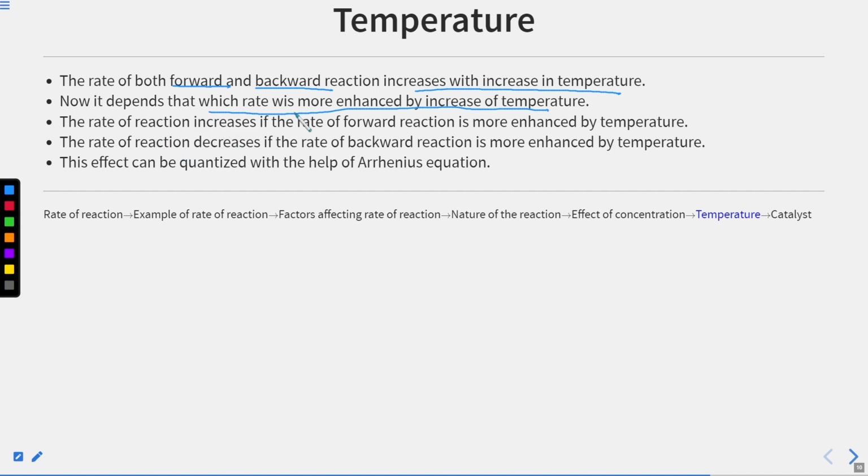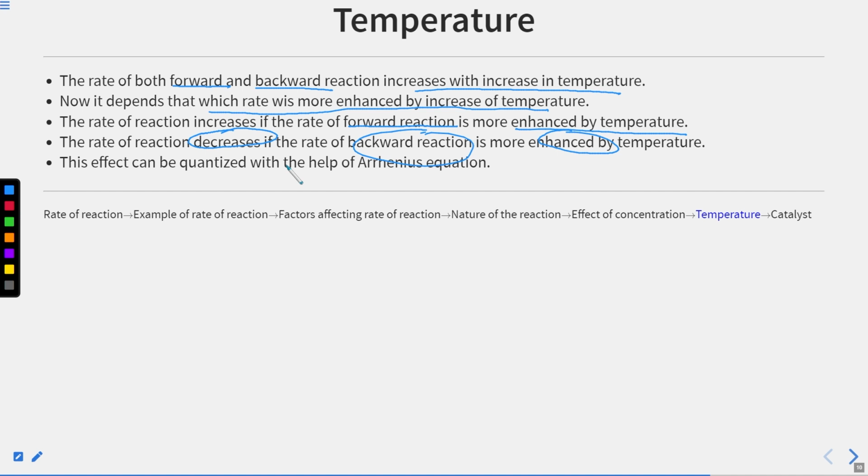If the rate of forward reaction is more increased after increasing the temperature, then I would say that the reaction would go faster. Now, if the backward reaction is more increased, then that would result in a decrease in the rate of reaction. You get my point.